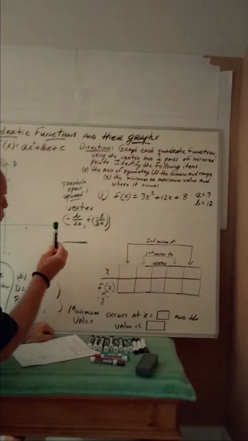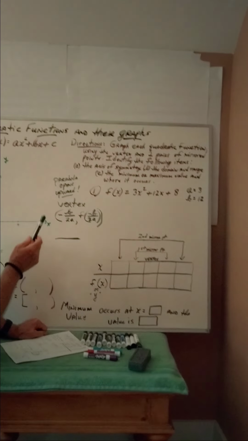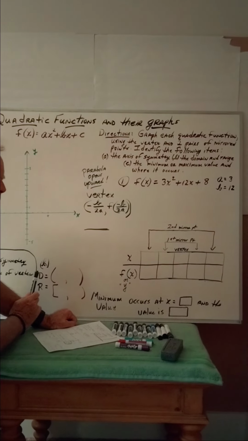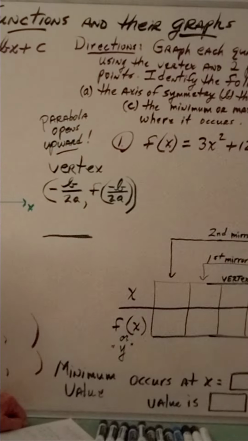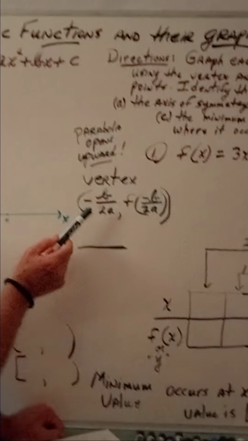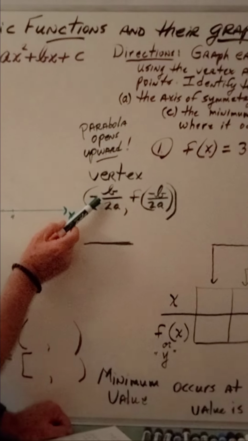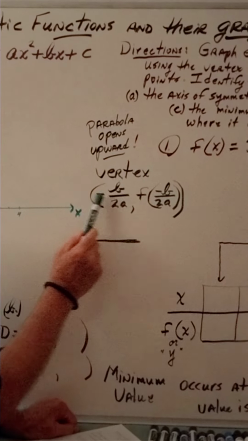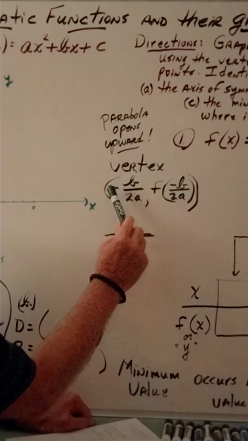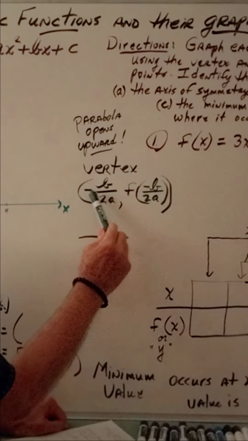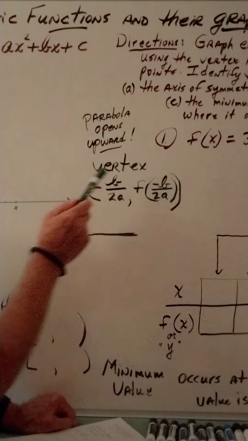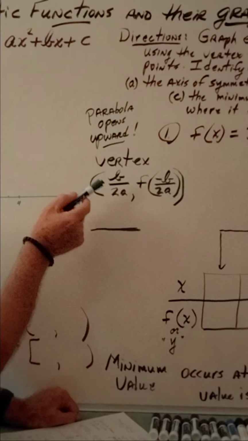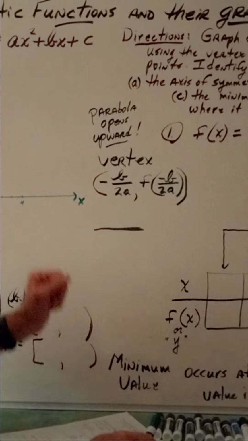And now the first thing that we need to do is identify the vertex. To get the vertex, the first item that we need to find is the x value of the vertex. Here's our ordered pair, and here's basically the instruction of what we're going to do.